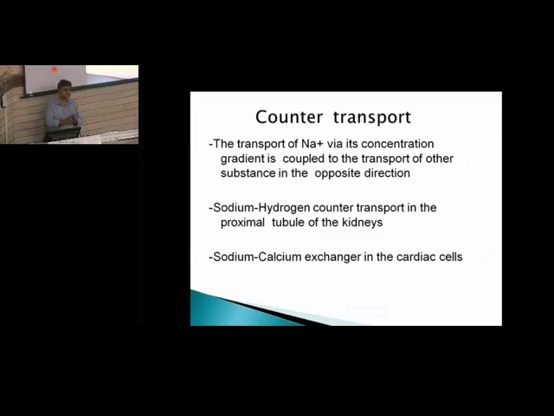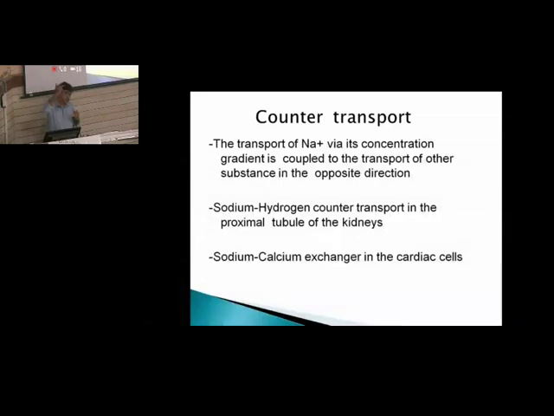For example, when the muscular contraction is over and calcium is released back from troponin C, that calcium mostly is pumped back into the sarcoplasmic reticulum. Some of the calcium moves out of the cell.